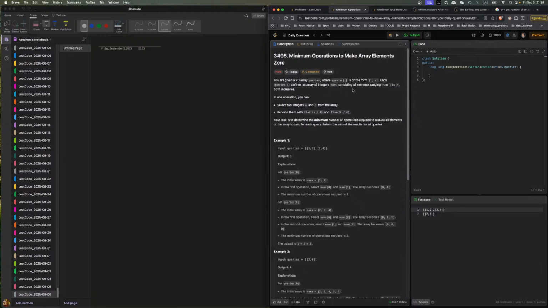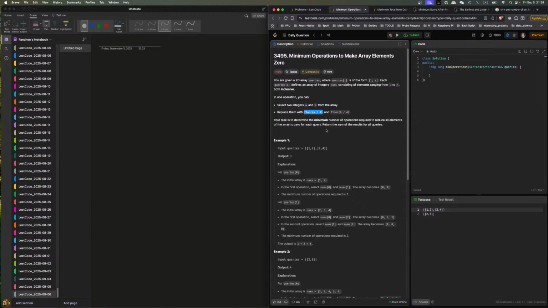So, 1 and 2, 3, 4. Replace them with floor, which I think is also an integer. The task is to determine the minimum number of operations required to reduce all elements of the array to 0 for each query.